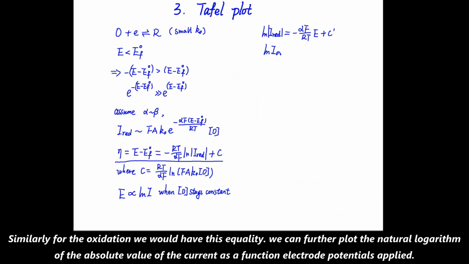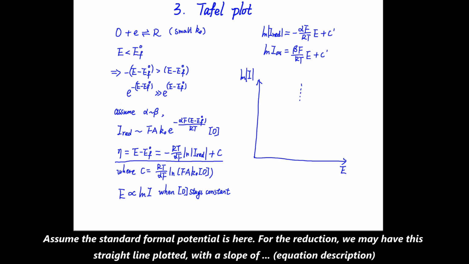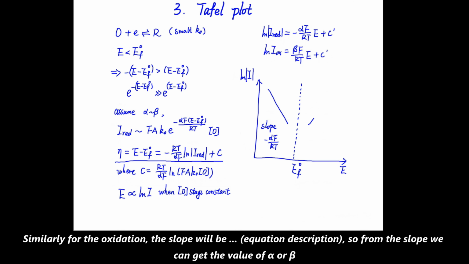Similarly, for the oxidation, we would have this equality, and we can further plot the natural logarithm of the absolute value of the current as a function of the electrode potentials applied. Assume the standard formal potential is here. For the reduction, we may have this straight line plotted with a slope of minus alpha F divided by RT. And similarly, for the oxidation, the slope will be beta F divided by RT.